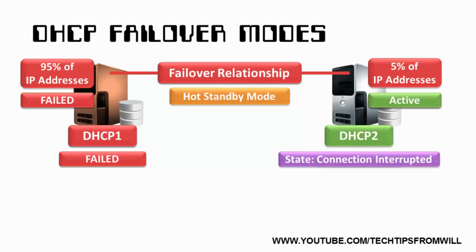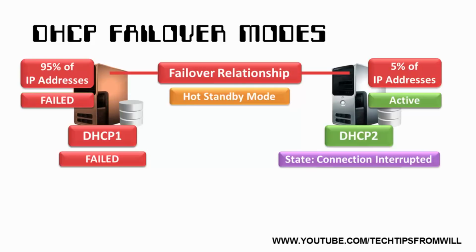However, if a new client computer were to join the network, DHCP server 2 will lease out one of the IP addresses from its reserve percentage. It cannot lease IP addresses that DHCP server 1 is usually responsible for, since it does not have control of the entire range.